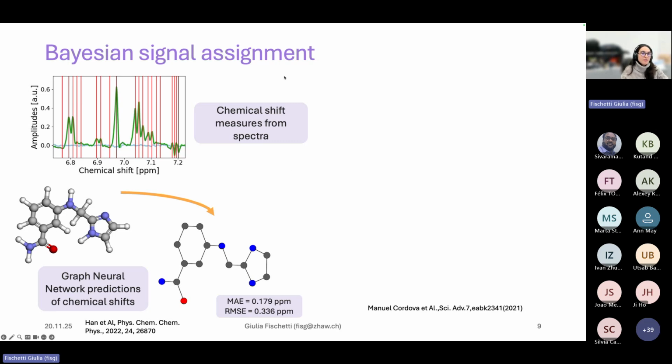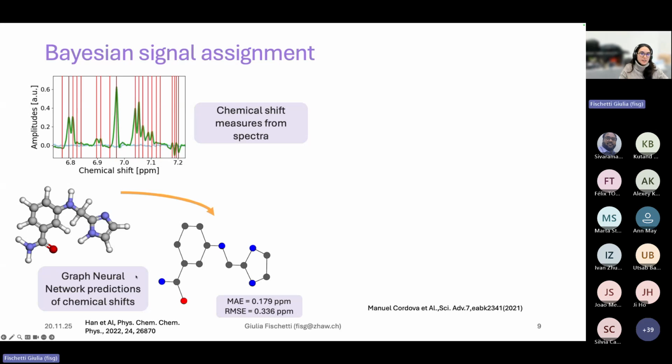And then, we have on one side the experimental chemical shifts, and on the other the predicted chemical shifts, which are also paired, of course, with the label of the hydrogen atom that produces the signal.